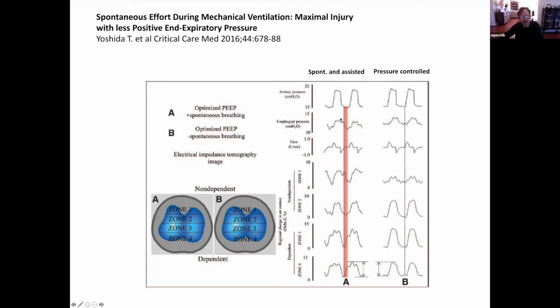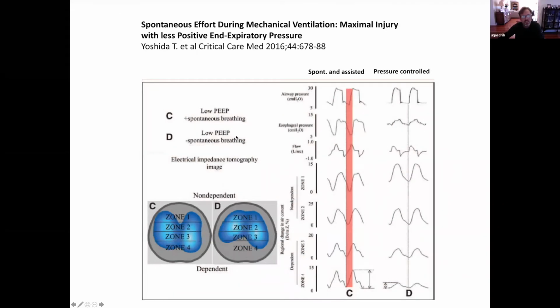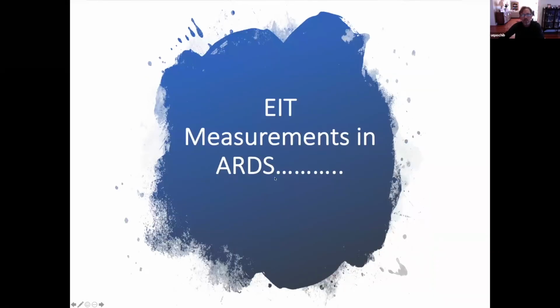If you then optimize PEEP and have the support of the diaphragm, you can see that these volume changes are quite significant. If you use low PEEP and you have a lot of lung to recruit, these changes between the upper lung and the lower lung become even much more. So that means that the diaphragmatic assistance is particularly relevant to the dependent lung or the lung that's more affected by the disease.